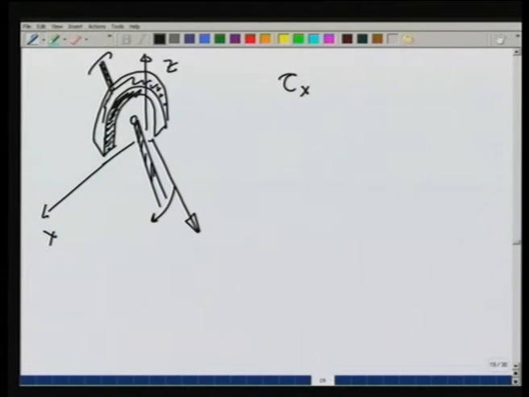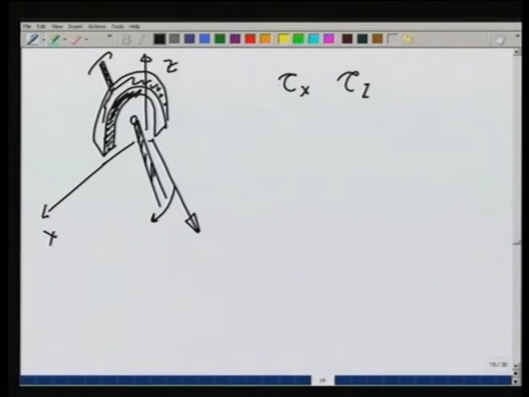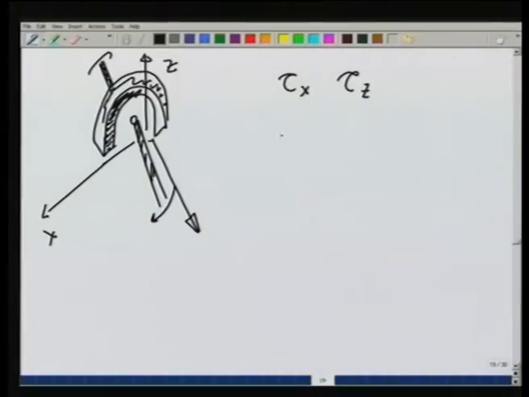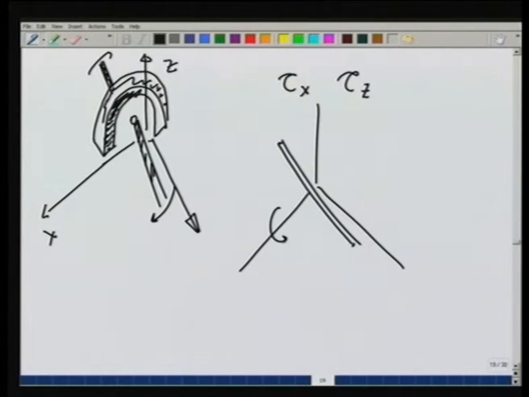About the z axis I cannot rotate it. So, it gives me tau z. However, I can rotate it about the y axis, and therefore, this kind of support would give me on the shaft a tau x, a tau z, but no tau y.